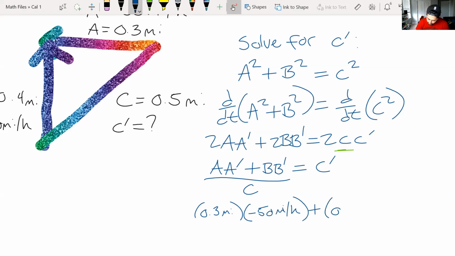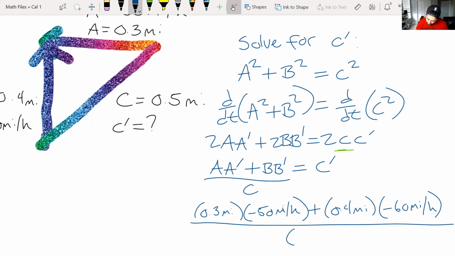plus 0.4 miles times negative 60 miles per hour, all over 0.5 miles.